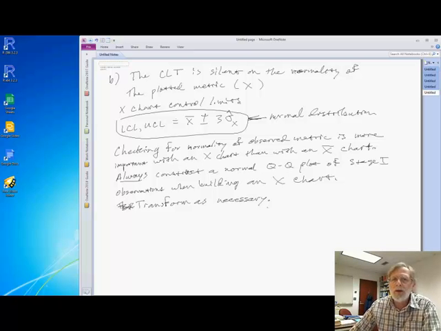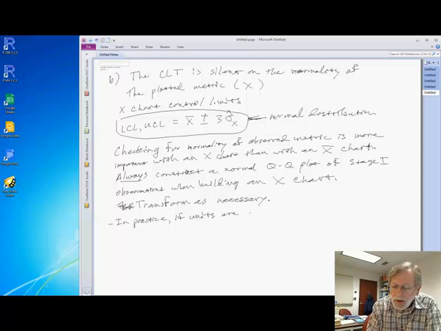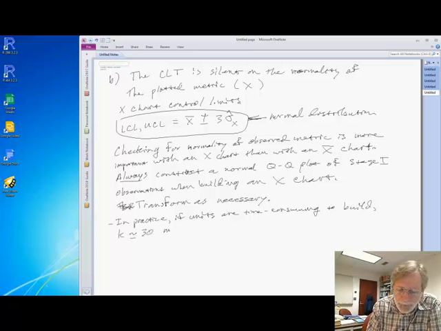I can see why Ryan wants to have a nice big giant sample size, but in practice, if units are time-consuming to build, somewhere around 30 may be all you can afford.